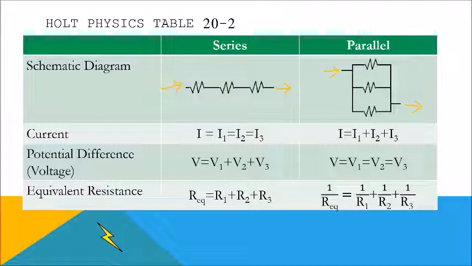Notice that for current and voltage, in both cases, something stays the same, and in both cases, something changes, and they switch. So that's another reason why it can be a little confusing if you don't practice. Because if you don't practice, you'll have trouble remembering, oh, what do I do now? What stays the same? What's different? The more you practice this, the easier it'll become.